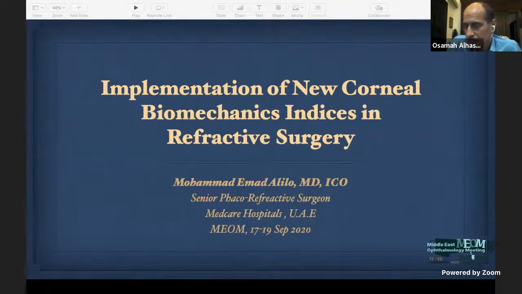If it is due to dry eye, we treat it and then do our surgery. But if it's not treatable, we should go to another type of surgery, like customized treatment, because these surgeries, lenticule extraction, also increase the higher order aberrations, especially spherical aberration and coma.